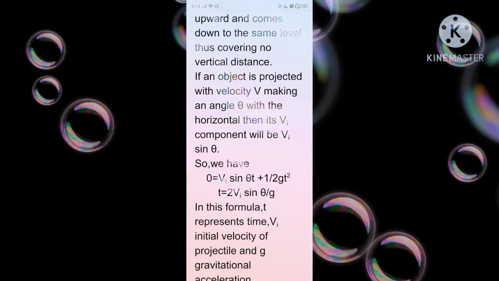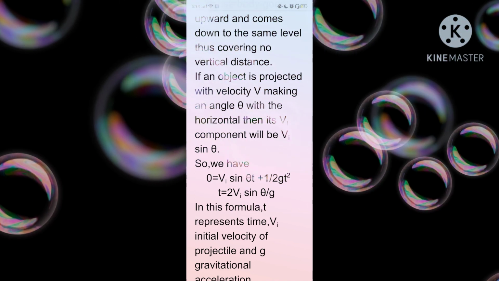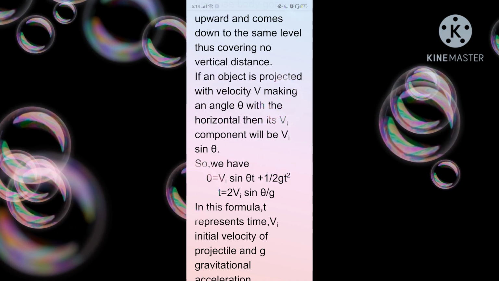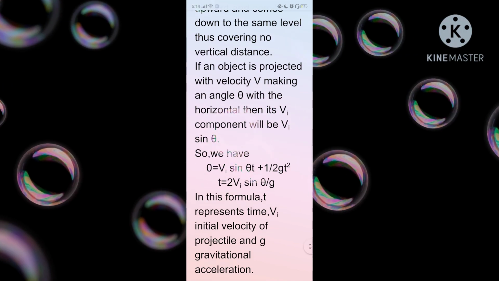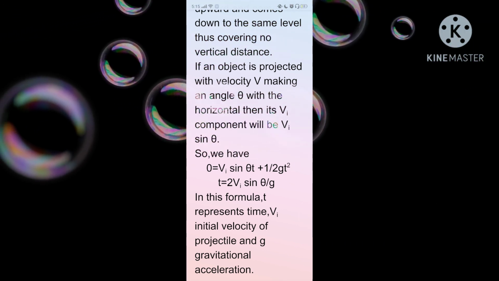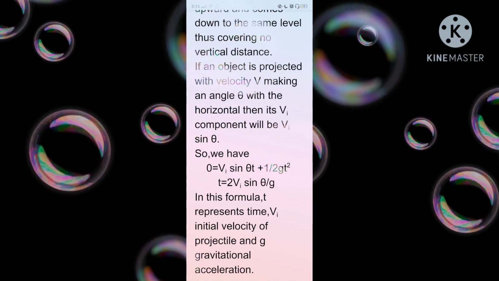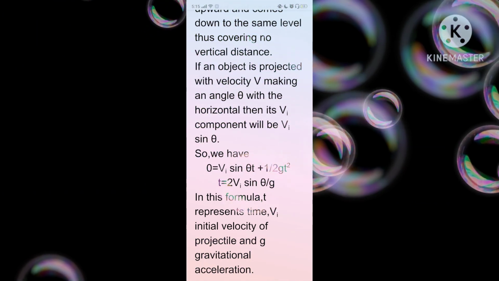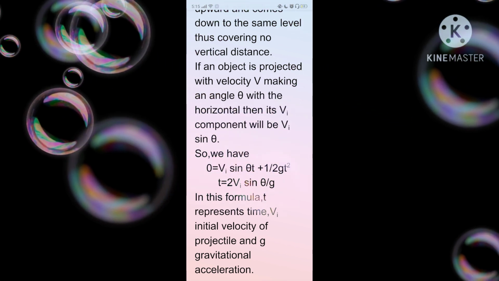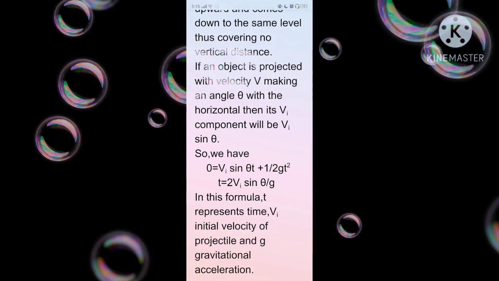So we have 0 equals vi sin theta multiplied by the time plus half g t square after putting the above values into the second equation of motion, because the second equation of motion was better for this topic because of its nature. So after rearranging the above formula, we get t, the time, equals 2 into initial velocity sin theta over gravitational acceleration.